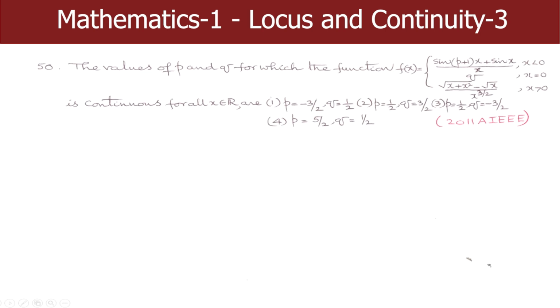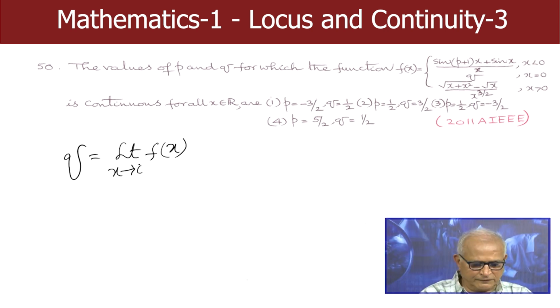Now, since f is continuous, q is equal to limit f(x) as x tends to 0. Because f is continuous at x equal to 0, the limit must exist at 0 and it must equal its value, that is q. Whether x approaches 0 from the right or left, the limit must exist and both one-sided limits must be equal to q.